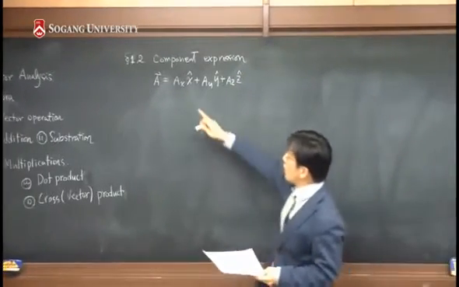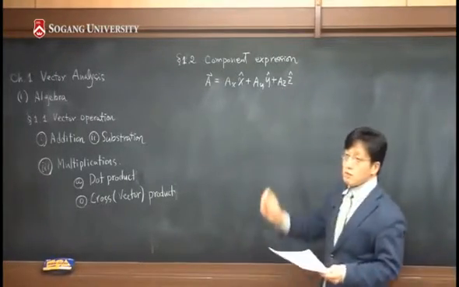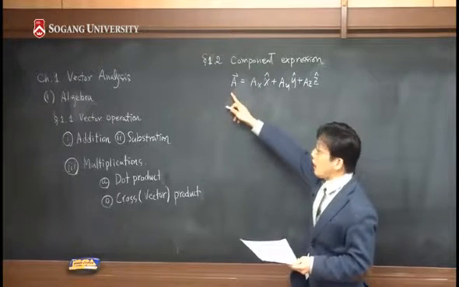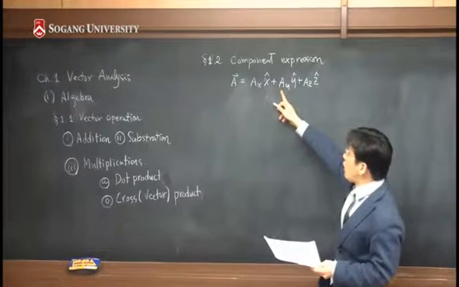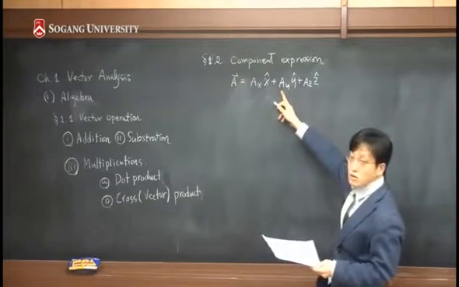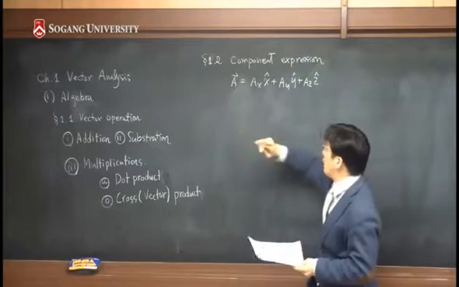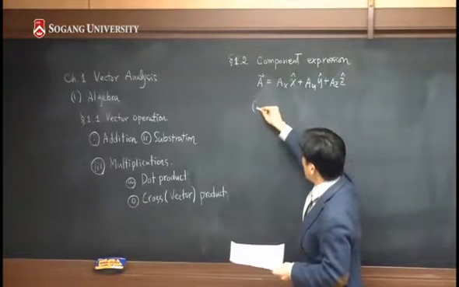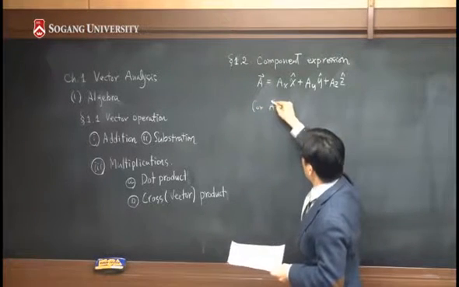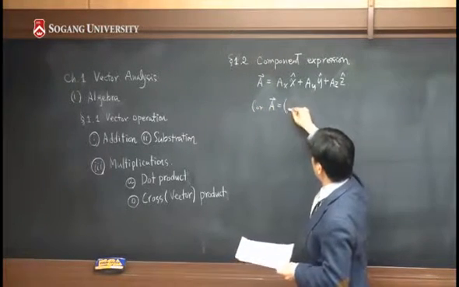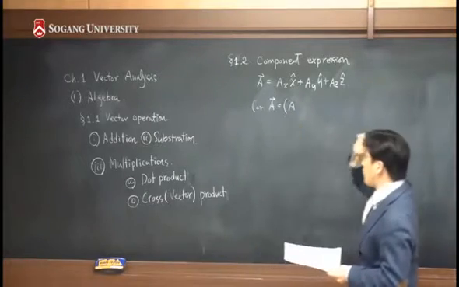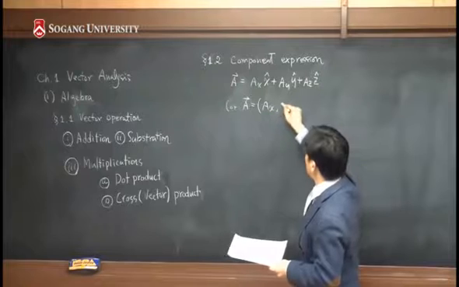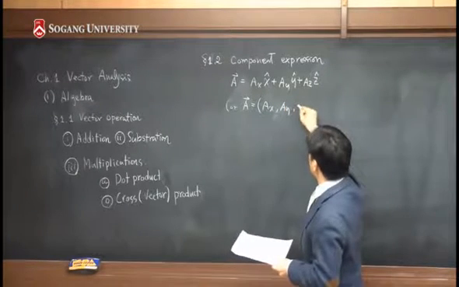Here Ax, Ay, Az mean the magnitude of the x directional component of vector A, Ay is the magnitude of the y direction component of vector A, and so on. Sometimes we write a component form of a vector this way.